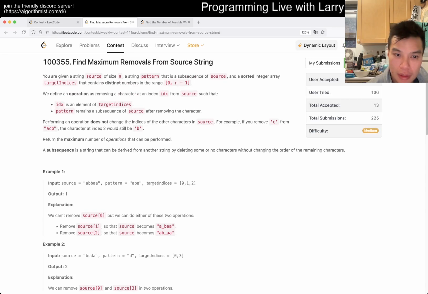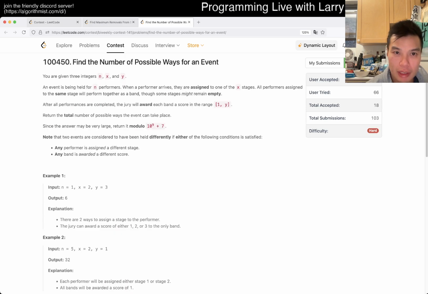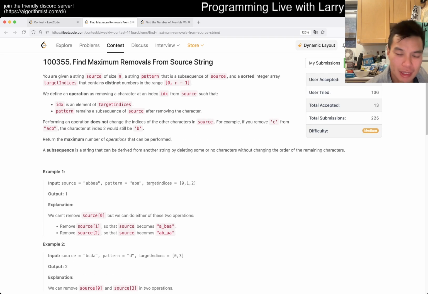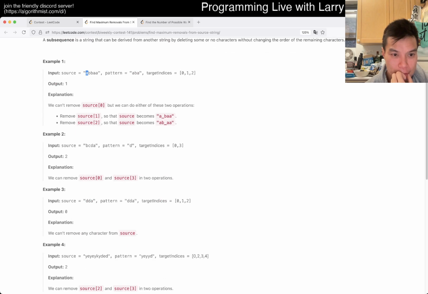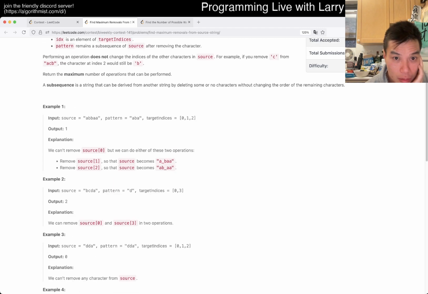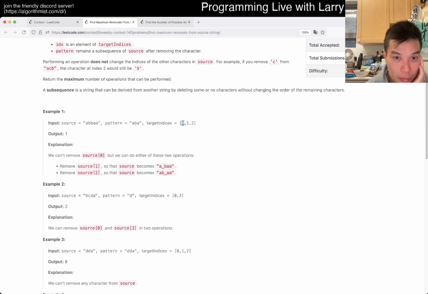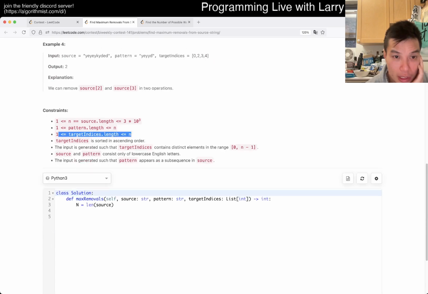ABA. Can I do this one? Let's see. Yeah, more people got it. I haven't even read the problem yet, but I want to focus. Focus. How do I even think about this? Target indexes matter, maybe. So that's N.